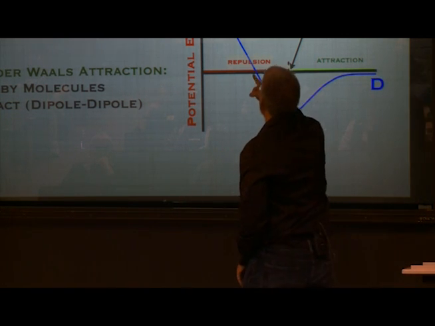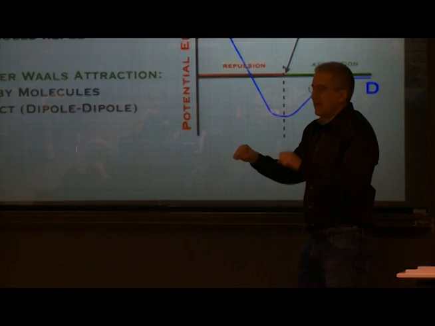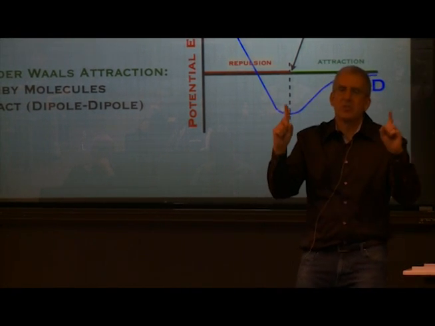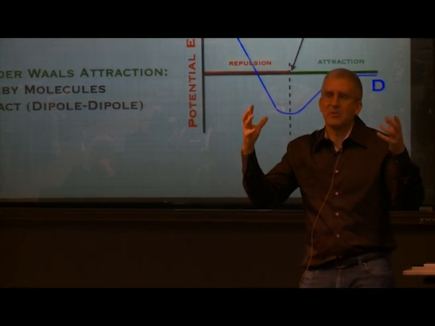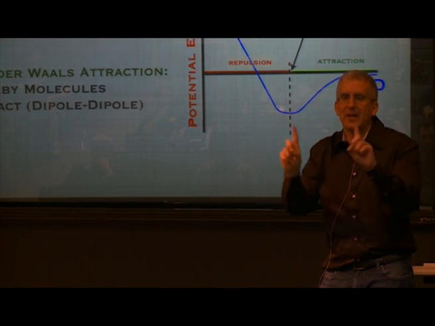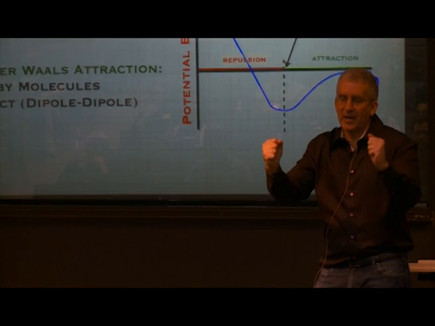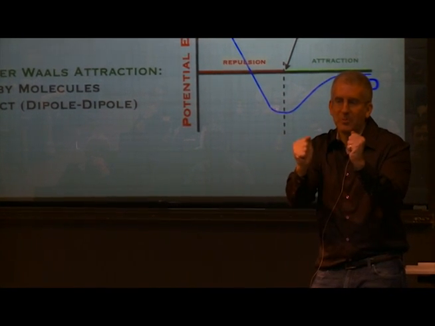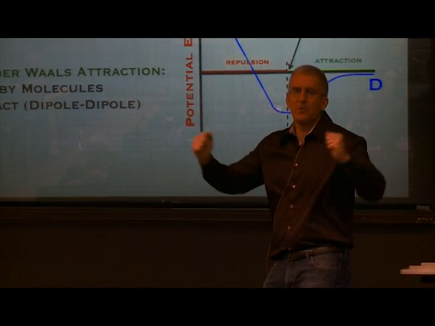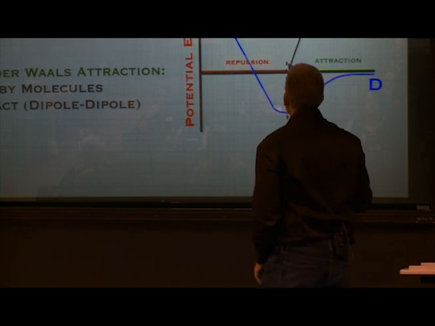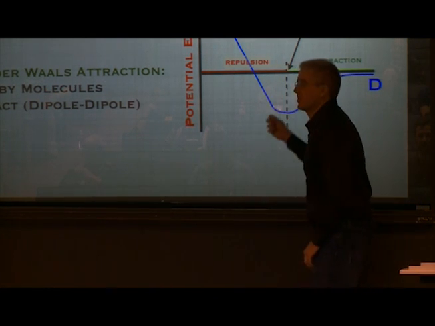So the potential starts out very large. At intermediate distances, there's a dipole-dipole interaction. This is like having 2 magnets, and basically those 2 magnets attract each other. So these 2 molecules want to move together. If they get too close, the repulsion pushes them apart. And then if I'm further away, it pulls them together. So somewhere down here is the sweet spot, this equilibrium distance.